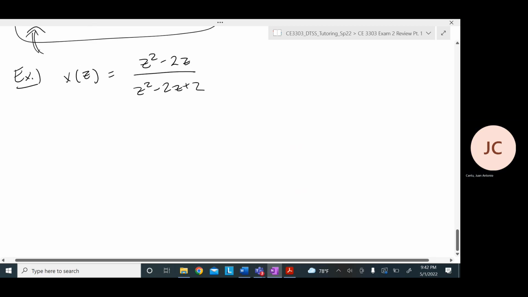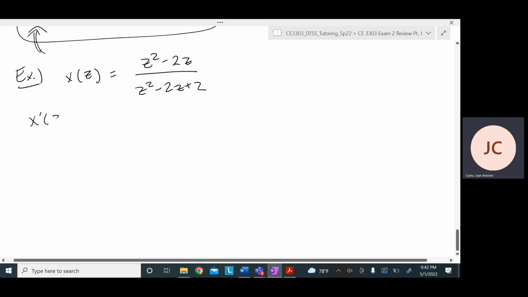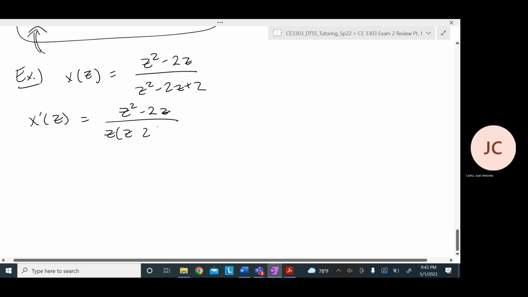So the first step is to get your X prime of z. Remember, to do that you just divide by z. We've got z squared minus 2z over z times z squared minus 2z plus 2.